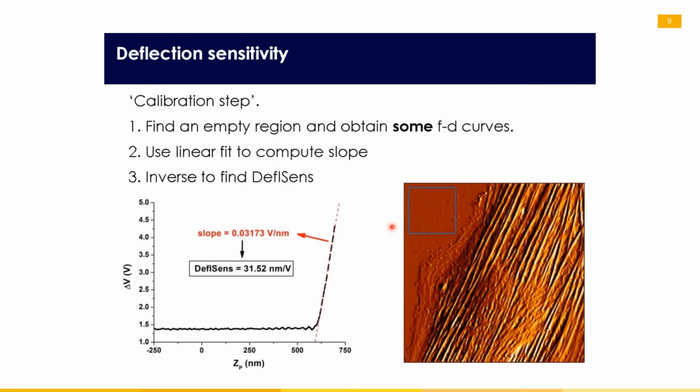There are two approaches to measure deflection sensitivity, which are both dependent on the calibration step. The first approach contains three steps. Find an empty region and obtain some force-distance curves. Use the linear fit to compute the slope, and then invert the slope to find the deflection sensitivity.